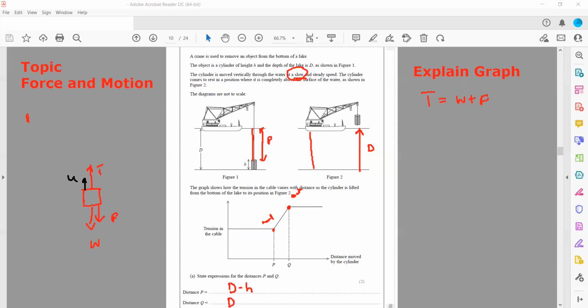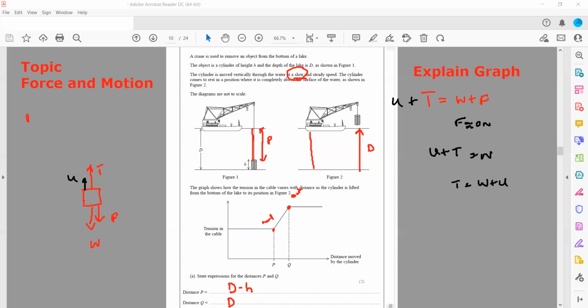So U will be there, and upthrust will be added to this side. So we can say upthrust, which is acting up, plus tension is equal to weight plus viscous drag. But in the question, as it is moving very slowly, the drag force or viscous drag is negligible, approximately zero. So upthrust plus tension is equal to weight, or tension is equal to weight minus upthrust.